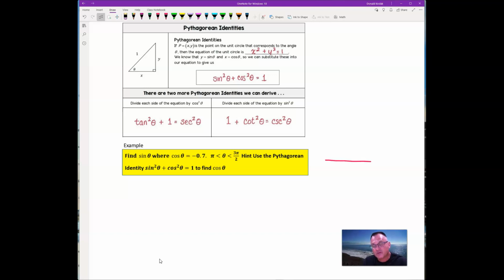So on our unit circle, 0, this is pi over 2, this is pi, this is 3 pi over 2, 270 degrees, and this is 2 pi. This says the angle is bigger than pi but less than 3 pi over 2, so we know we're working in the third quadrant.